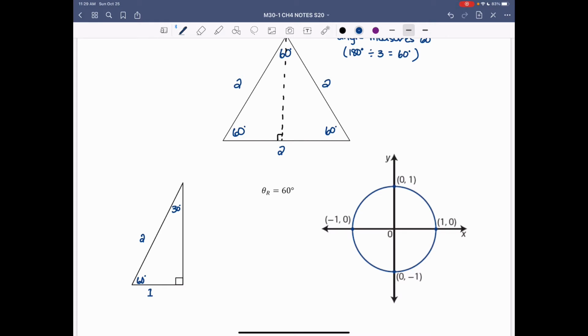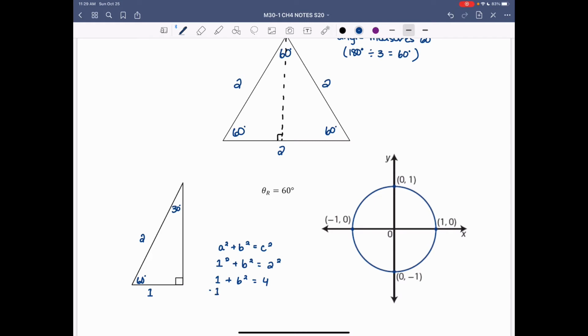And then the other side we can calculate by using Pythagorean Theorem. A squared plus b squared equals c squared, where c is the hypotenuse. We have 1 squared plus b squared equals the hypotenuse is 2 squared. Then we have 1 plus b squared equals 4.